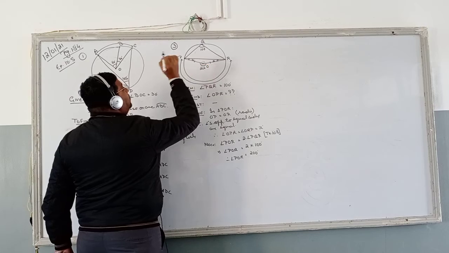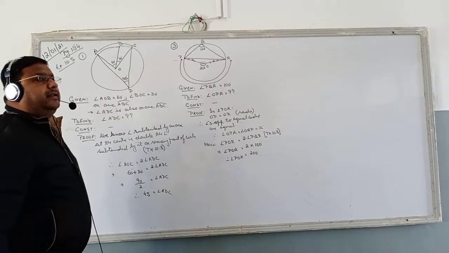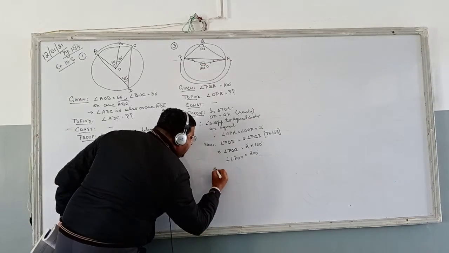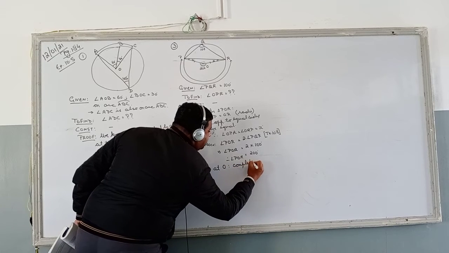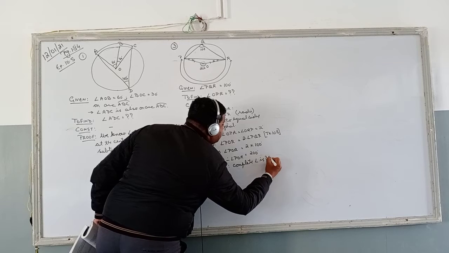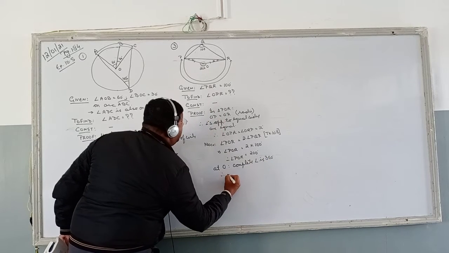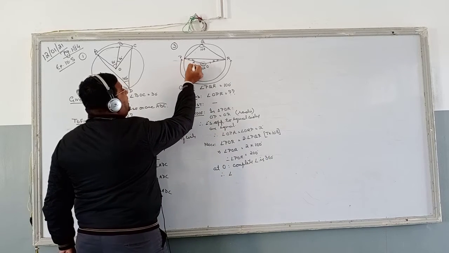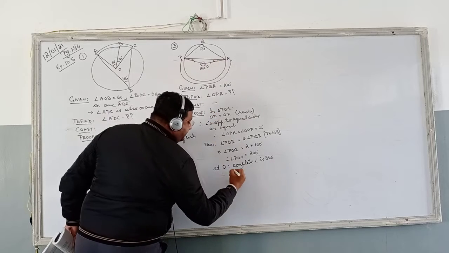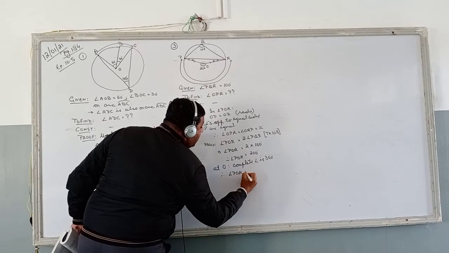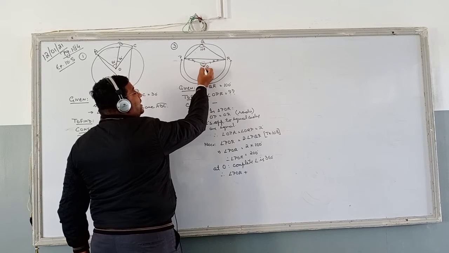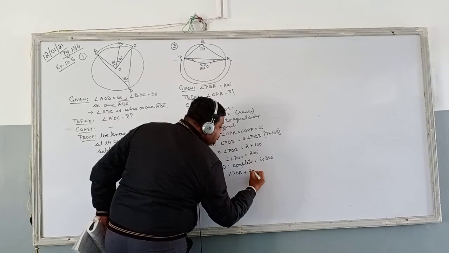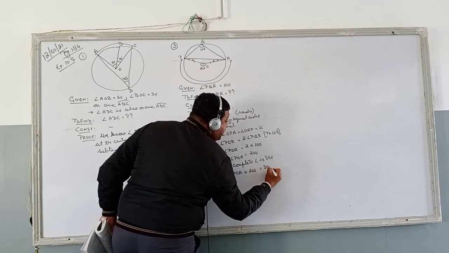Complete angle is 360 degrees. So angle POR plus the reflex angle, more than 180, 200 is equal to 360.